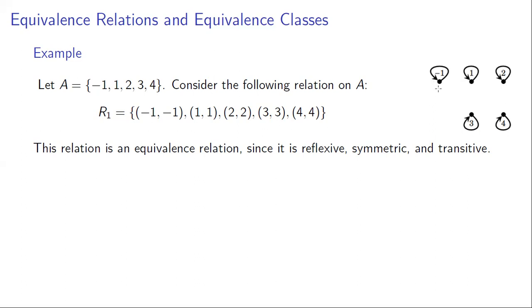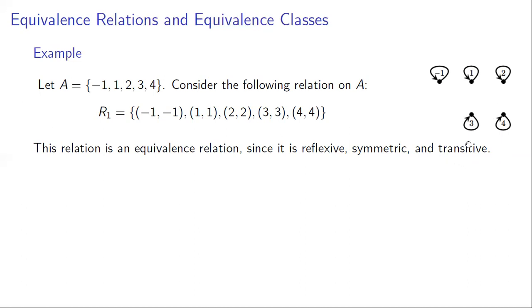That's true because -1 is never related to 1, right? Or for example, whenever 3 is related to 4, 4 has to be related to 3. That's true because 3 is not related to 4, so I don't have to worry about it. In other words, the if part is false, so I don't have to worry about it.